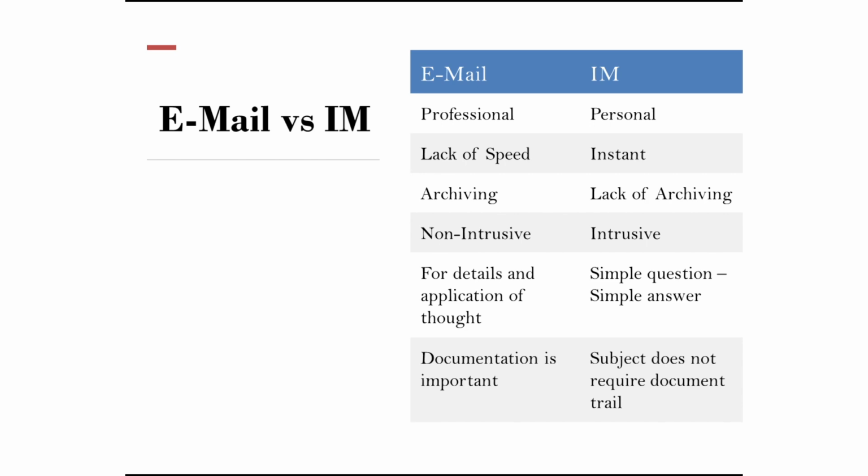Instant messaging can be used for simple questions and simple answers. Email is useful in a setup where documentation is important. Instant messaging can be useful where the communication does not require a document trail and is supposed to be instantaneous. So these are some of the differences between email and instant messaging.